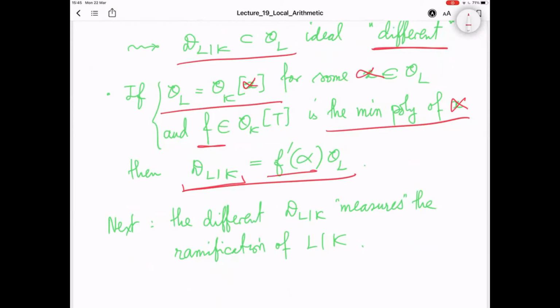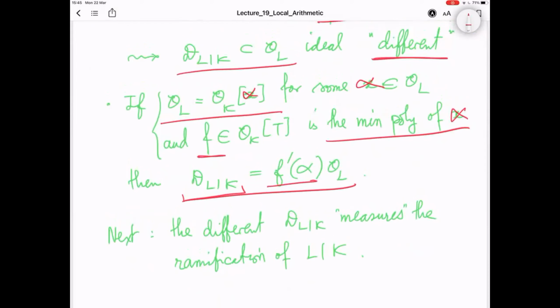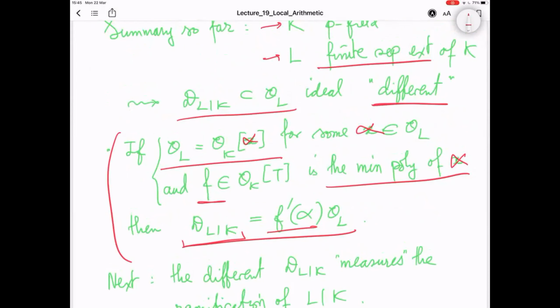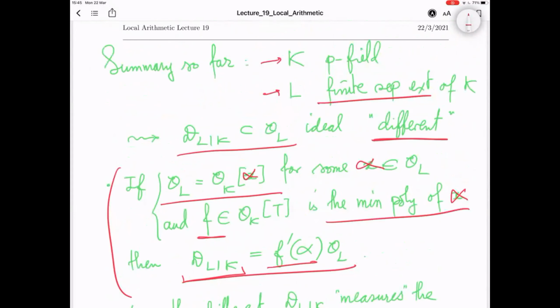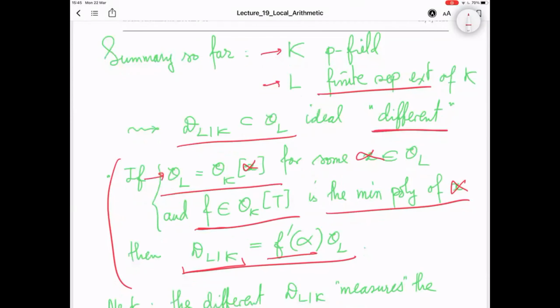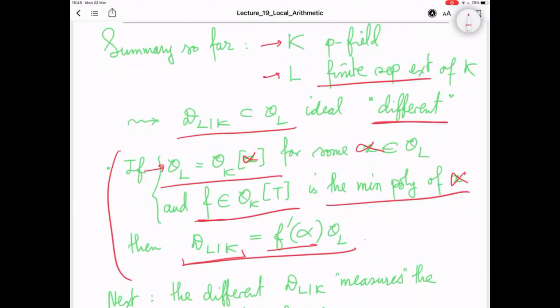Okay, so the reason I said this is nice is that it allows you to forget the other definition of the different in terms of traces and so on. For all practical purposes, you can just remember that if I write OL as OK[alpha] and I take f to be the minimal polynomial of alpha, then the different is the ideal generated by f prime of alpha.